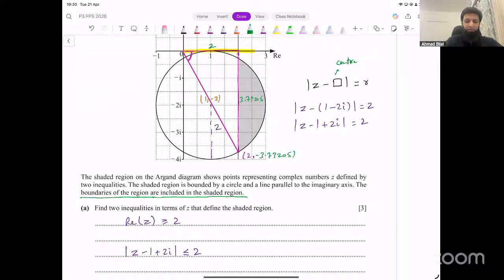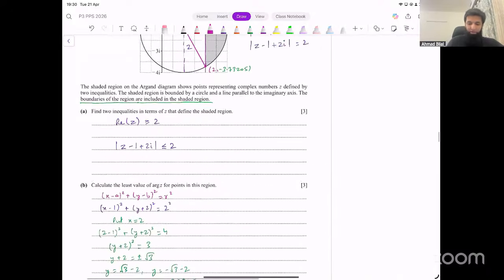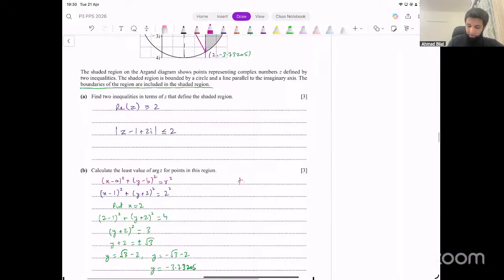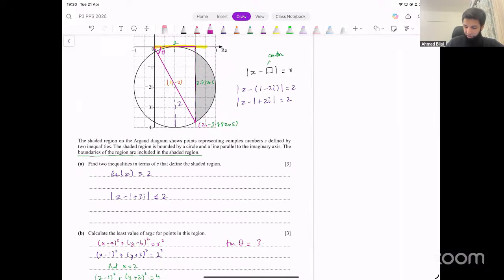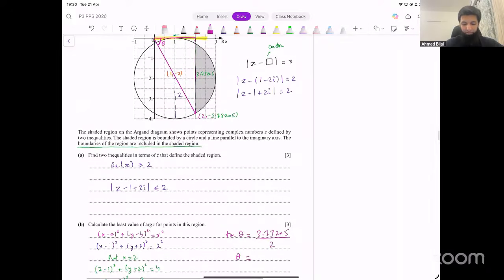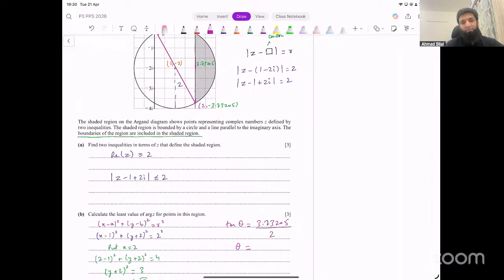Use tan and that will give you that angle. Let's call this angle theta. Tan of theta equals opposite, which is 3.73205, divided by 2. And that will give you a value for theta. You can see what that turns out to be. What do you get from this?